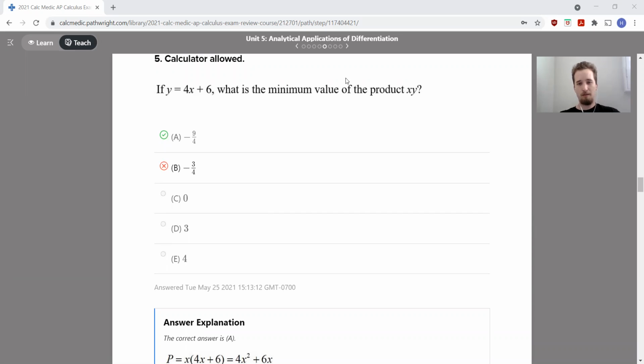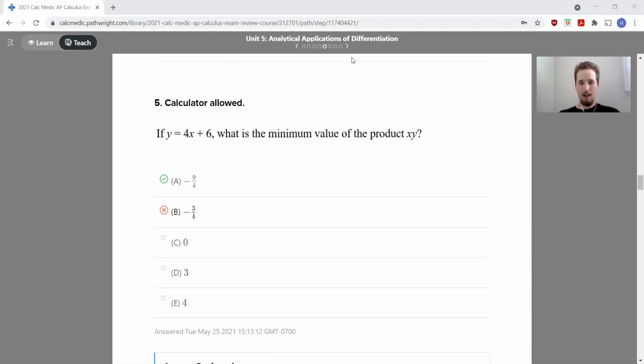Ooh, I actually got this wrong at first, and you'll see why I got it wrong. This is the only one I did get wrong. Okay, we want the product of x, y. So, we have y is equal to 4x plus 6. So xy is just going to be multiplying everything by x.